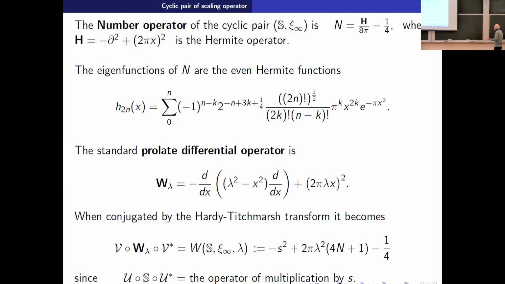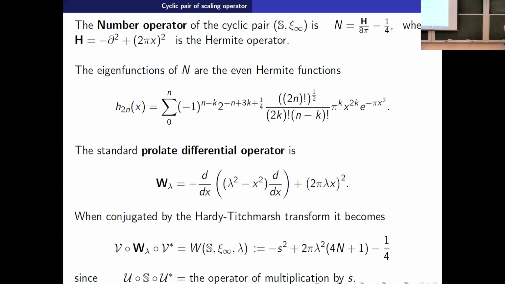It is just the ordinary prolate operator in this case. It's moved into this guy after you put the cyclic pair in canonical form.